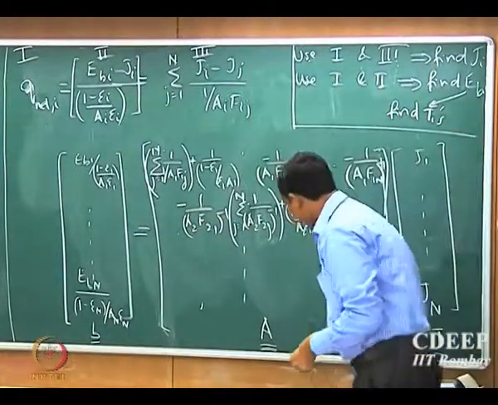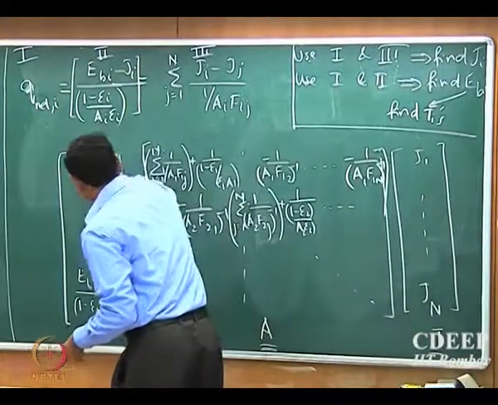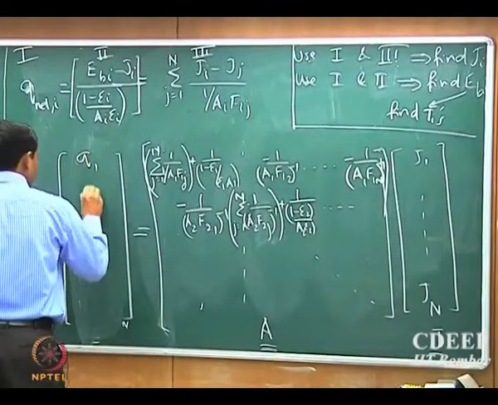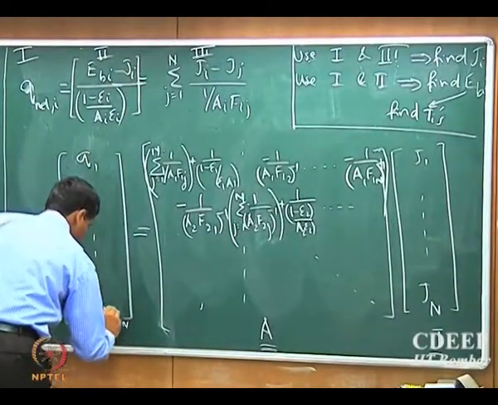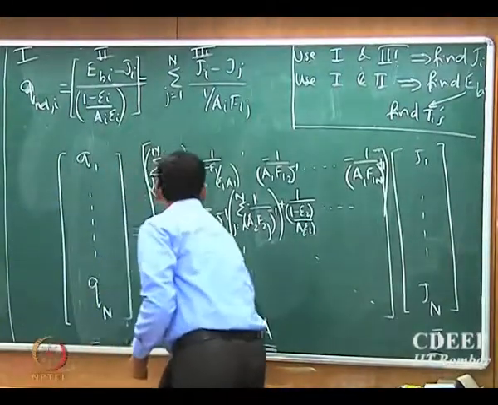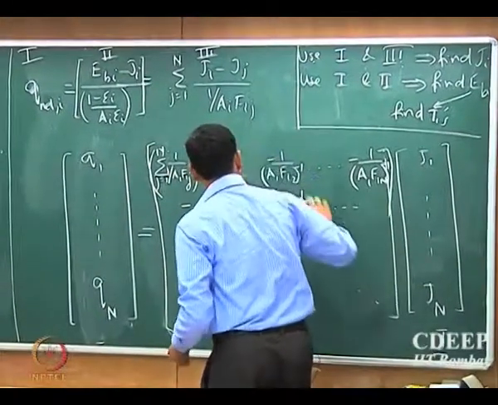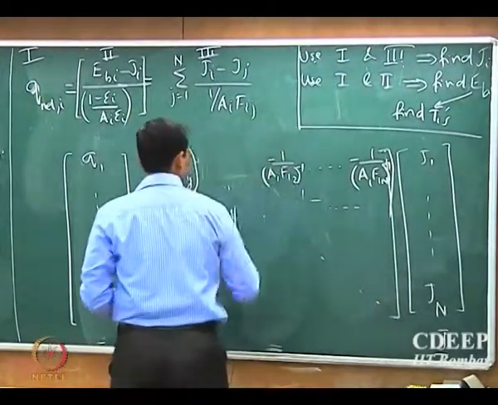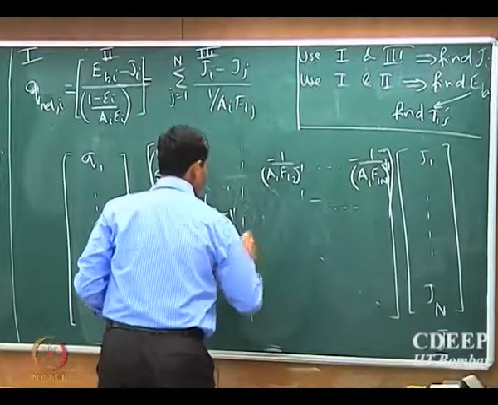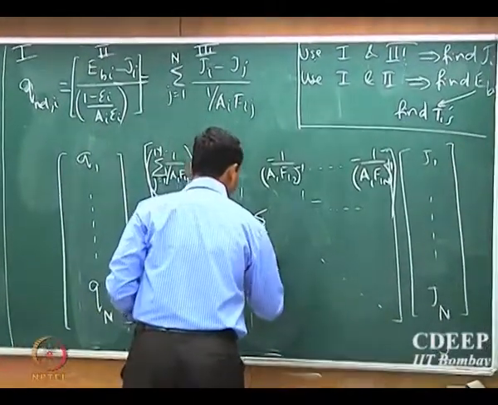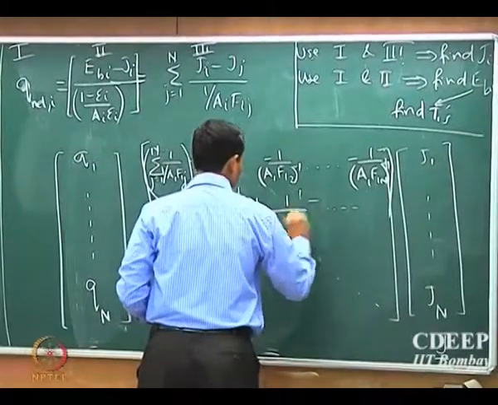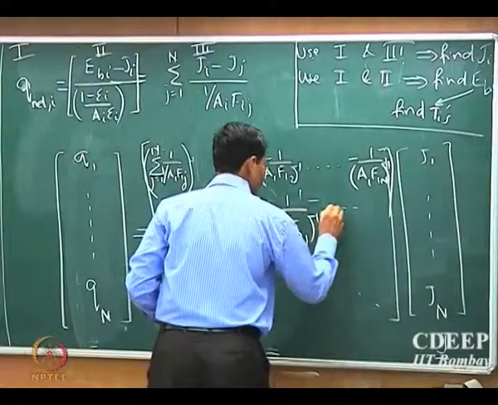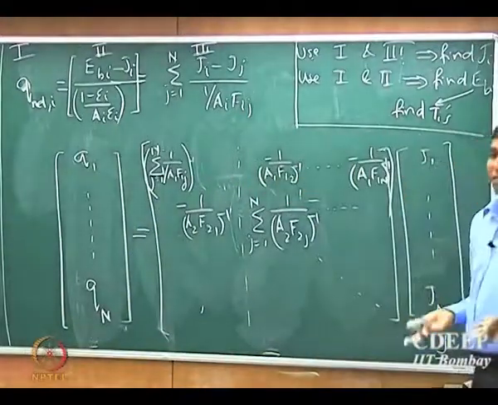It's still the same framework, except that the elements inside the matrix are going to be different. So that's going to be Q1 and Qn, and the diagonal elements will not have this additional term here. So this will be sum j equal to 1 to n 1 by A2 F2j inverse, etc., and you just complete the matrix.